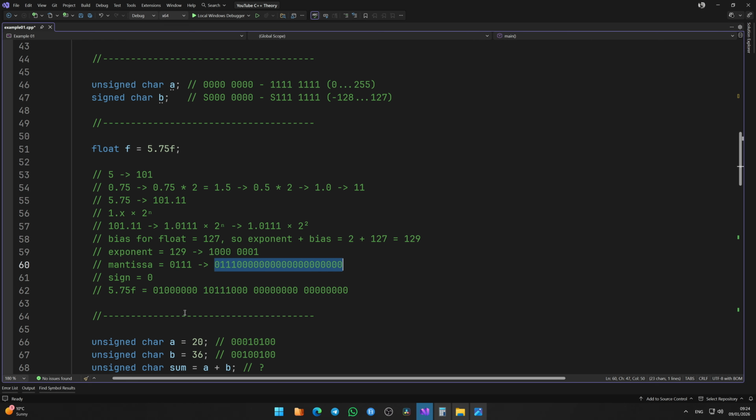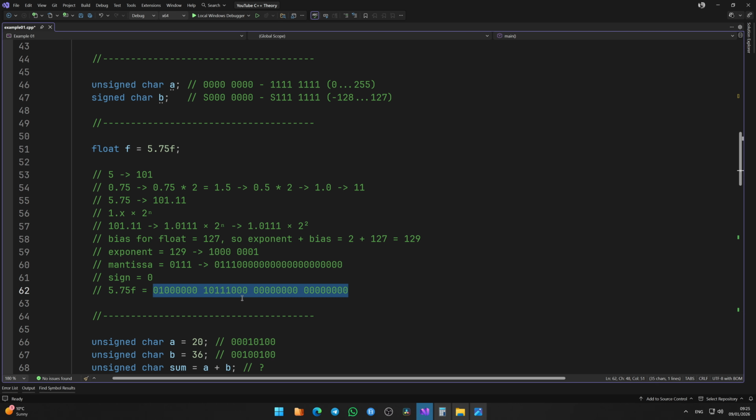Finally, the sign bit: our number is positive, so it's 0. Now we put everything together: sign, exponent, mantissa in that order. If you split it into bytes for clarity, that's the full 4-byte binary representation of 5.75 in memory. And that's how floating point numbers are stored.